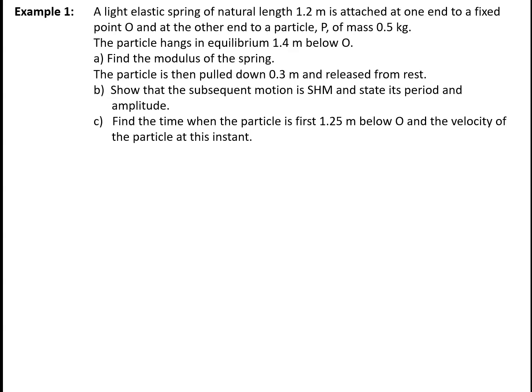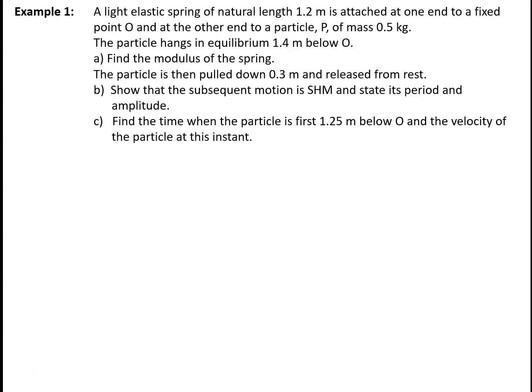So for our first example, we've got a light elastic spring of natural length 1.2 meters attached at one end to a fixed point O, and at the other end to a particle P of mass 0.5 kilograms. The particle hangs in equilibrium 1.4 meters below O. We've got to find the modulus of the spring.